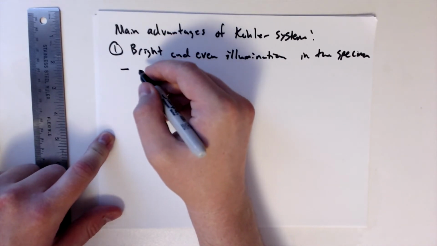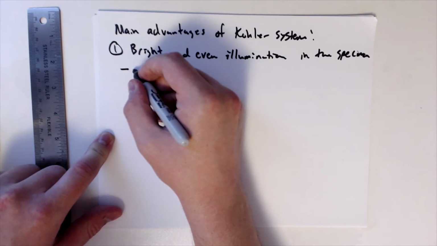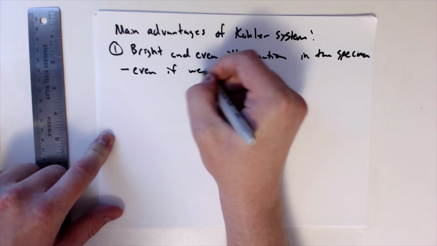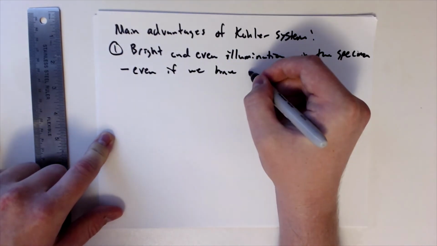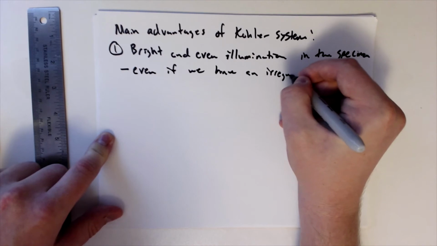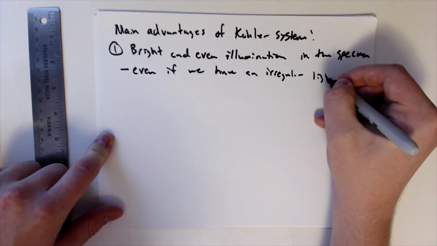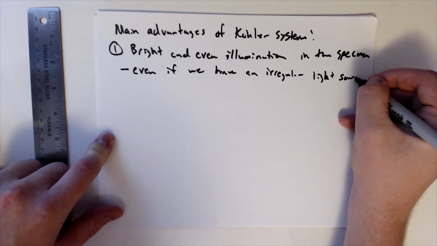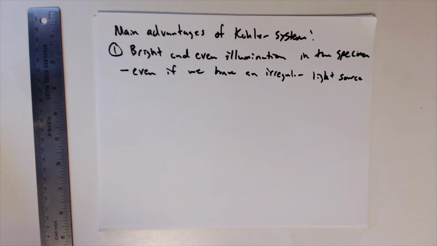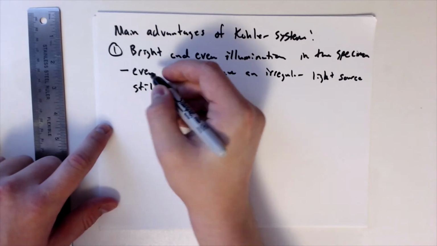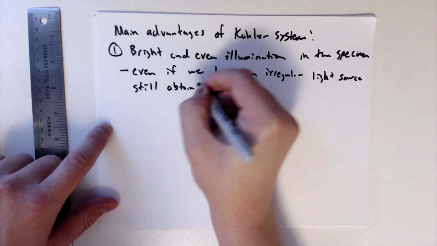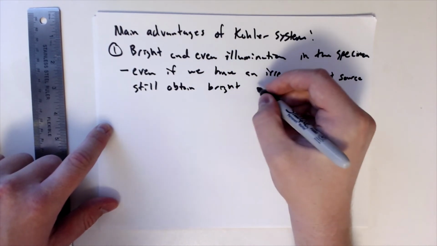So the other part of that, what that offers us, is that even if we have an irregular light source, so if our light source isn't perfect, so irregular and causes non-uniformities, the system that we have here with the apertures and the lenses still obtains bright and uniform images.